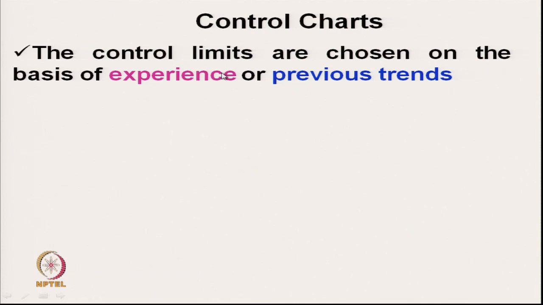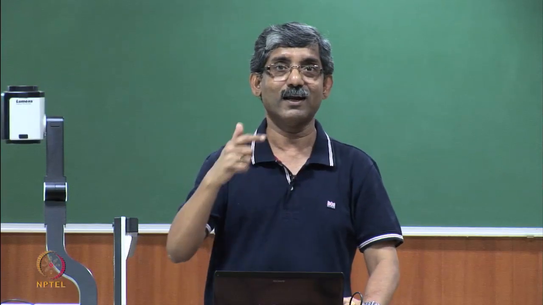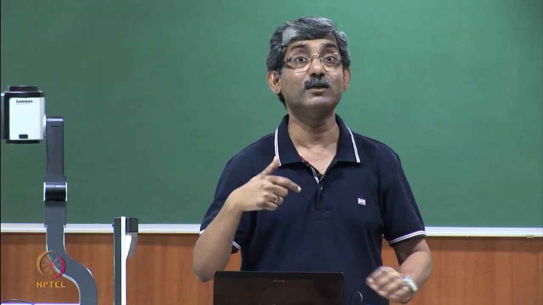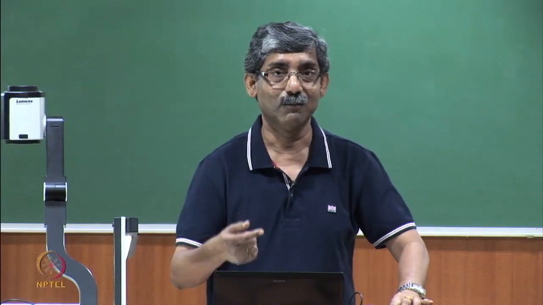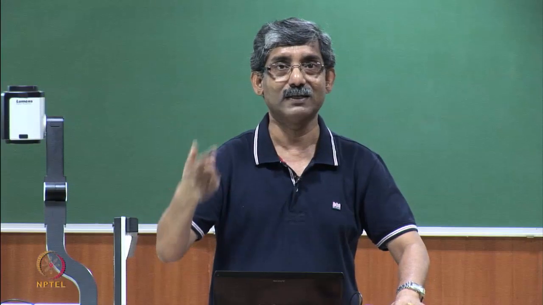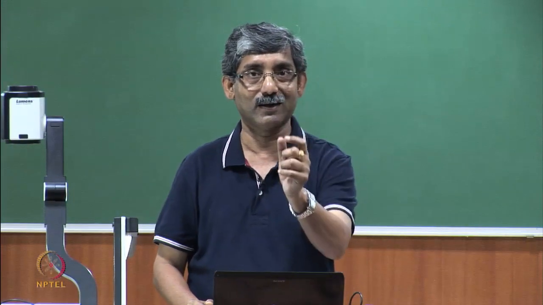Okay. So, the control limits are chosen on the basis of experience and previous trend. We cannot randomly select. As I have mentioned, if we select a closer limit, then unnecessarily we will have to take action, which may not be required, and also there is no solution, because a particular machine can produce standard deviation only at a certain limit.